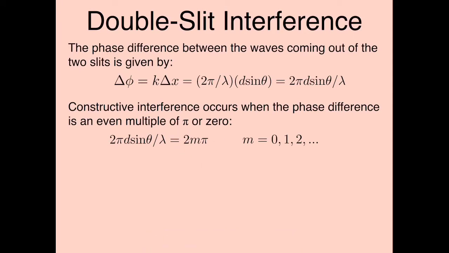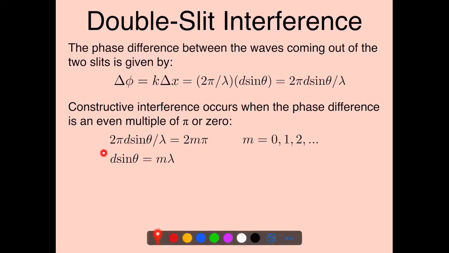So right away we can notice that there's a factor of 2 here that cancels with a factor of 2 over here. There's a factor of pi over here that cancels with a factor of pi over here. And then we can just take this lambda and move it over to this side so it's no longer in the denominator. So the simplified expression becomes d sine theta is equal to m lambda. This tells us exactly where we have points of constructive interference in the interference pattern. This is where the bright spots are located.